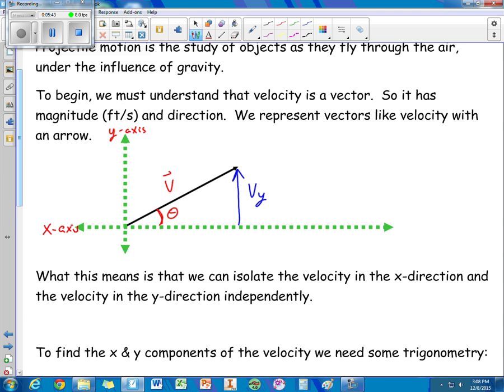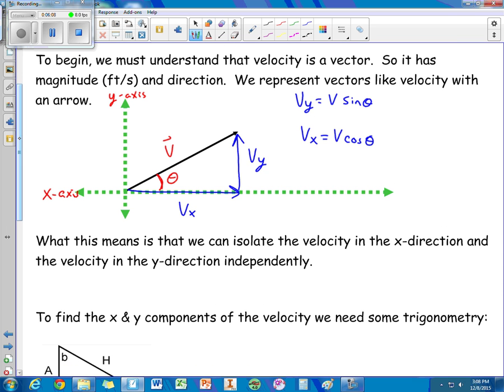I would have a y component, and I would have an x component. And that's how I would calculate the two. What this means then is that we can isolate the velocity into its x direction and its y direction independently.